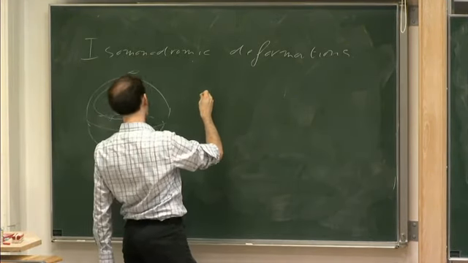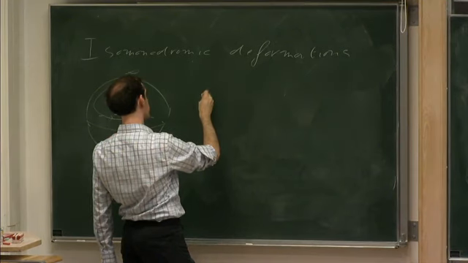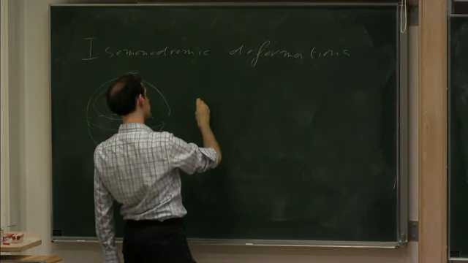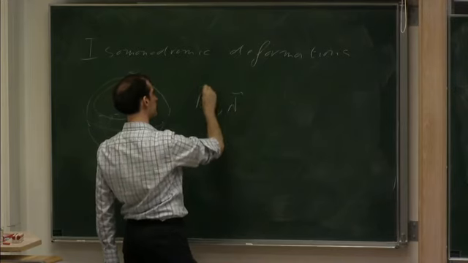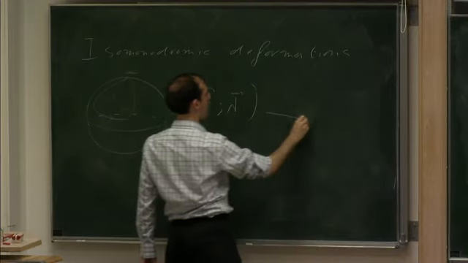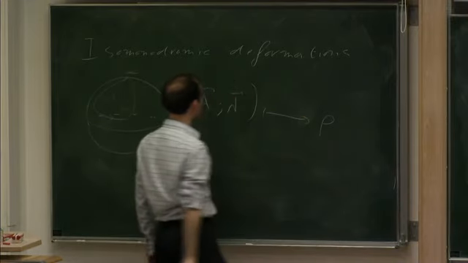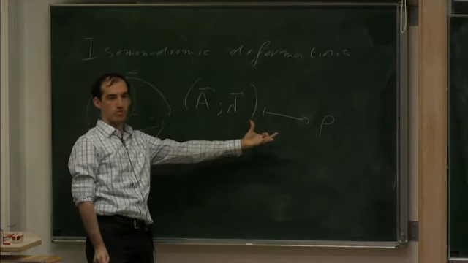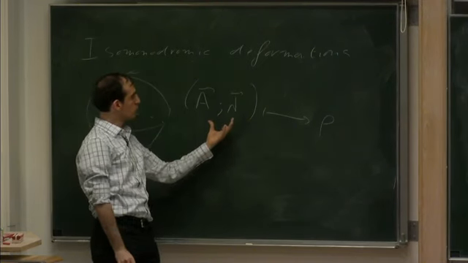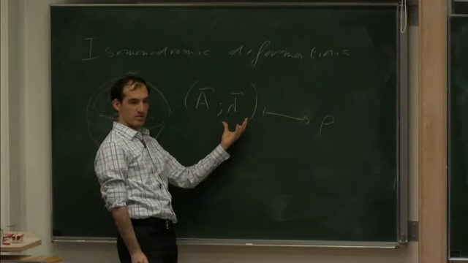So now your data looks like this. Given a choice of lambdas and a choice of A's, you have a monodromy representation, and you're going to start moving the lambdas.